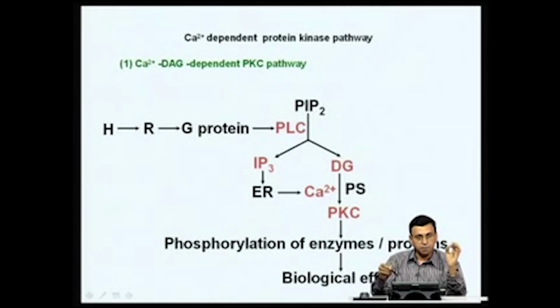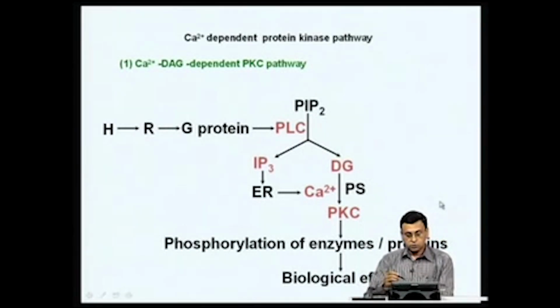So, calcium, by virtue of leading to synthesis of diacylglycerol and calcium release and activation of protein kinase C, can influence specific gene expression programs. So, the protein kinase C that is now activated can go and phosphorylate a number of enzymes or proteins including transcription factors, resulting in specific biological effects. So, this is one pathway by which calcium can activate gene expression programs.